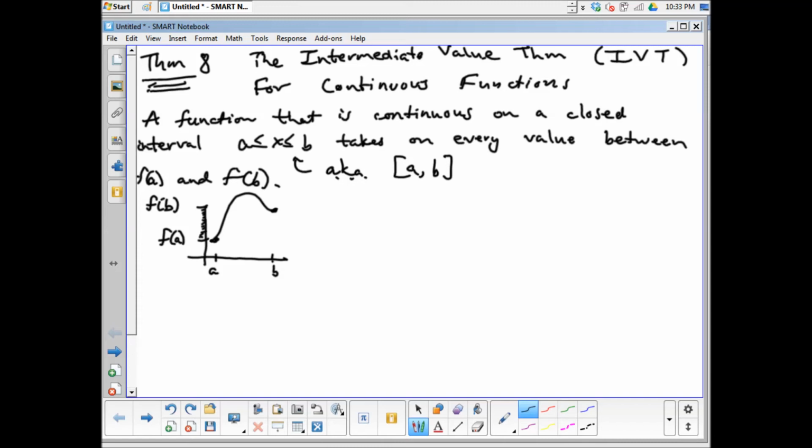So this on the x-axis might be 1 and 10, and this might be 2 and 7. I still have to get used to this thing.